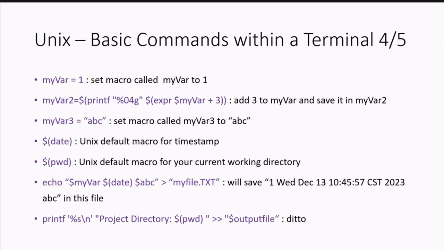In this case, I had myvar equal to 1 from my first bullet point. In my second point, I say, take myvar and add the number 3. Then expr is to say expression, so it's an expression operator in Unix. I'm storing that because I had to wrap it in parentheses and a $ sign, plug that back in and say, print that number that I just told you.